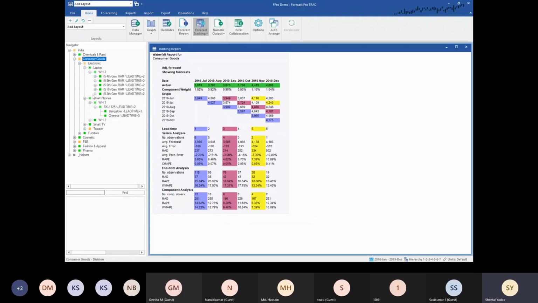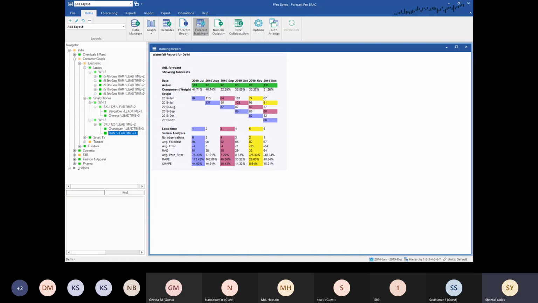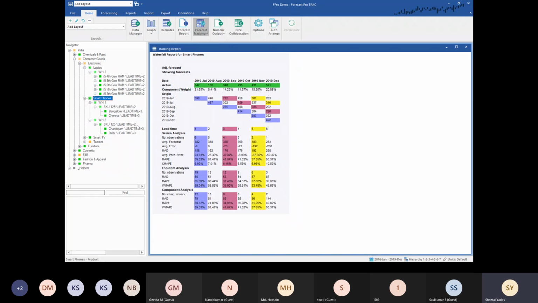Let's look at a simple example. I've selected warehouse one, or let me select smartphone, I think that will make more sense. So I have 4 items over here, right? I have 4 end items within smartphones.